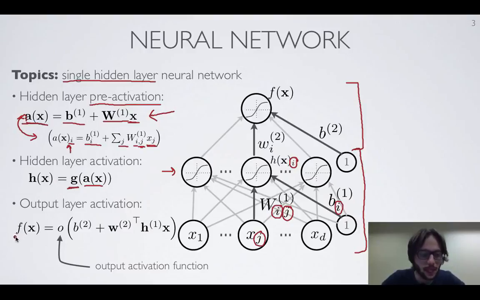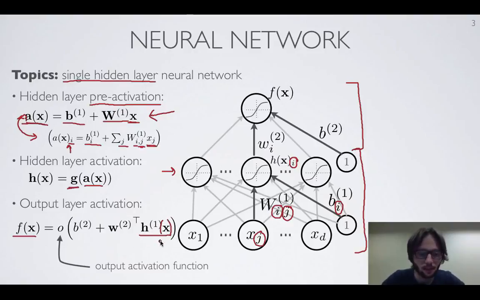And then finally we get an output activation, which I will note f of x, by taking the hidden layer. We'll call it h1 of x, again 1 because we have a single hidden layer.